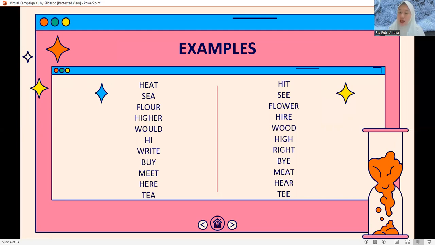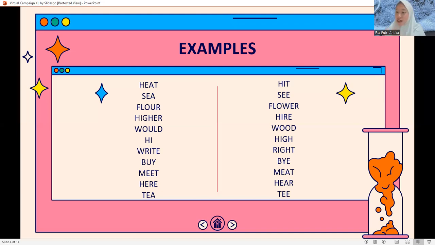Wood and would. The L is silent. High and hi. The G and H are also silent. Right and write. The W is silent. Jadi not bright, but right.